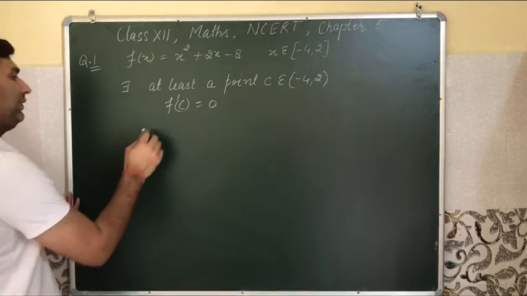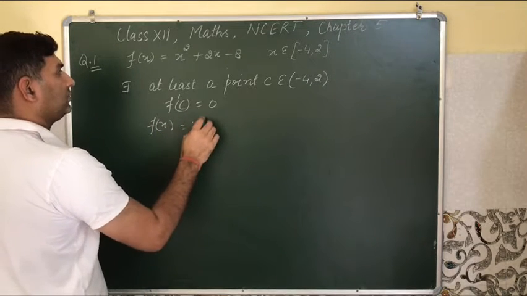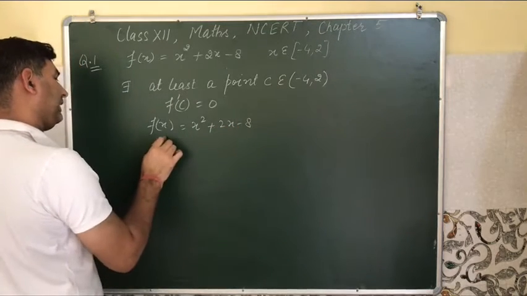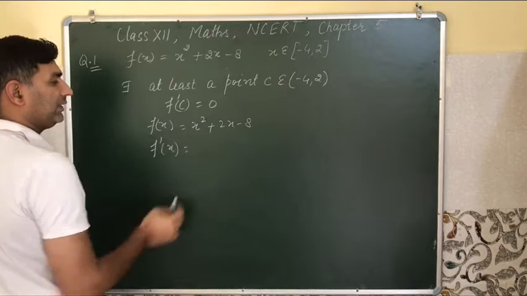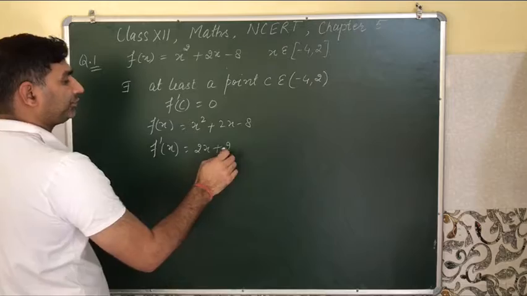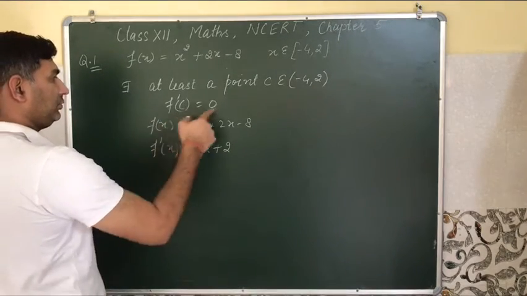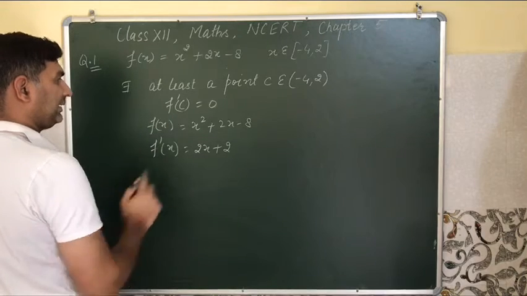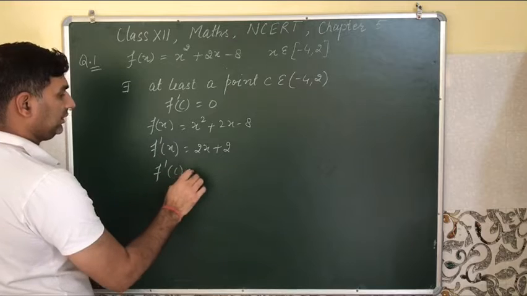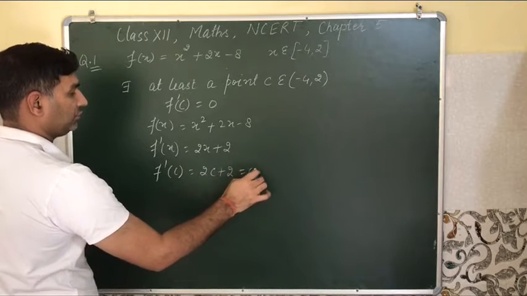Then f(x) is equal to x square plus 2x minus 8. Differentiate with respect to x, then f'(x) is 2x plus 2. Then f'(c) is equal to 0, replace x with c, then f'(c) is equal to 2c plus 2 is equal to 0.